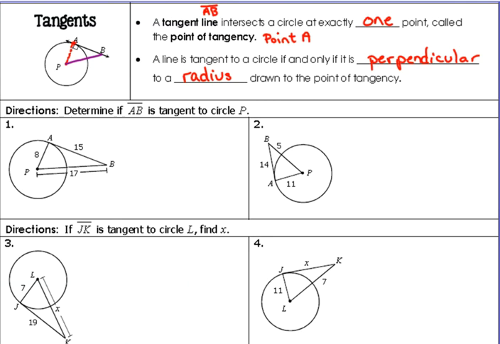So what we're looking at here is AB, which is potentially our tangent line. If it is tangent, then it forms a right angle with the radius. So we're going to assume right now that there's a right angle right there.